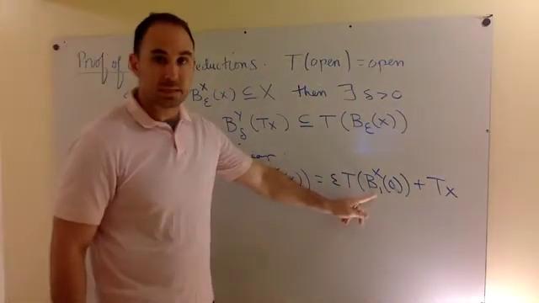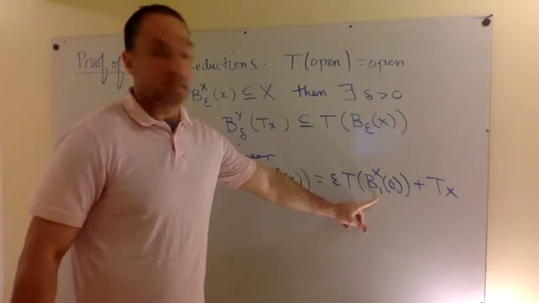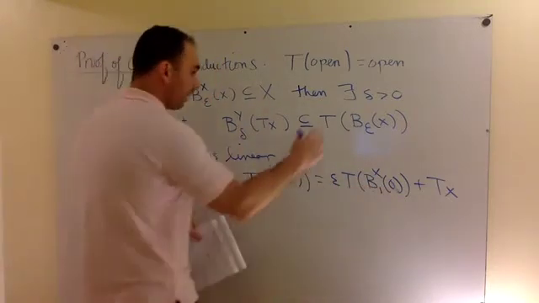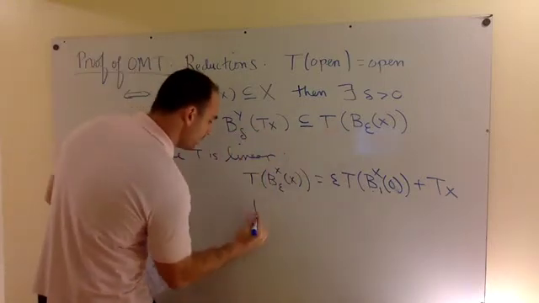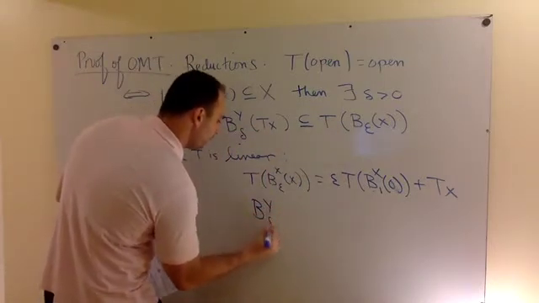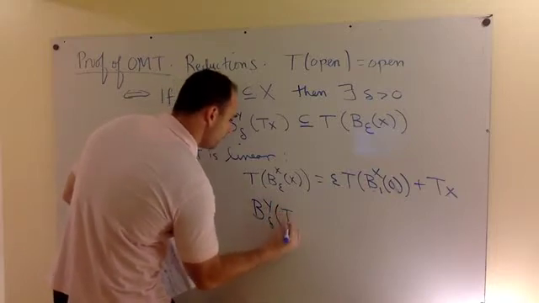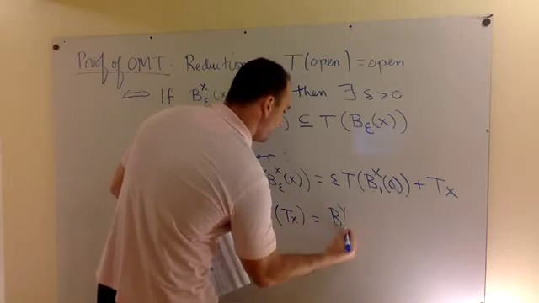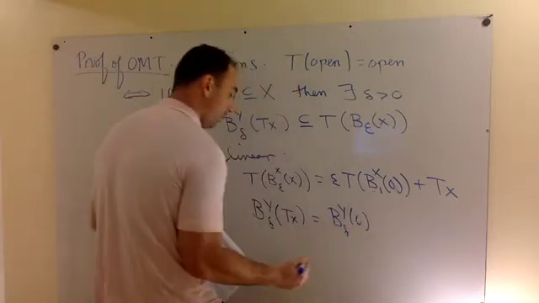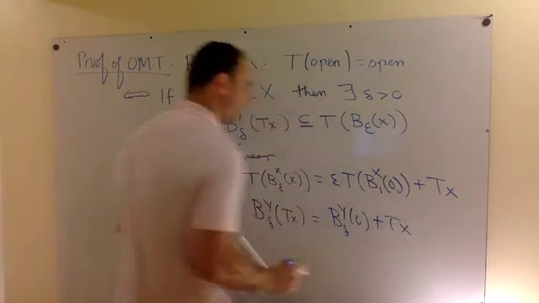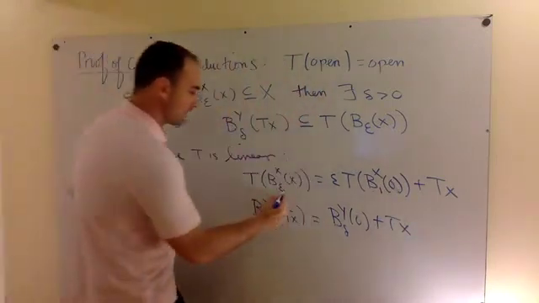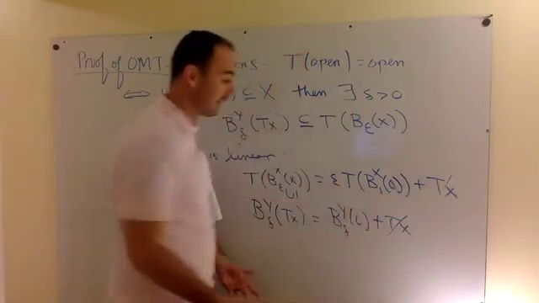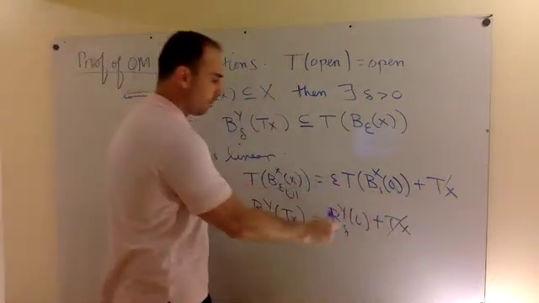Here this is B1 of 0, just a unit ball in X at the origin. Also, if I look at this side, B delta in Y of T x, well, this is B delta of 0 plus T x. And so if I want to show that this is contained in here, you can technically cancel out these T x's, and then I can divide through by epsilon.